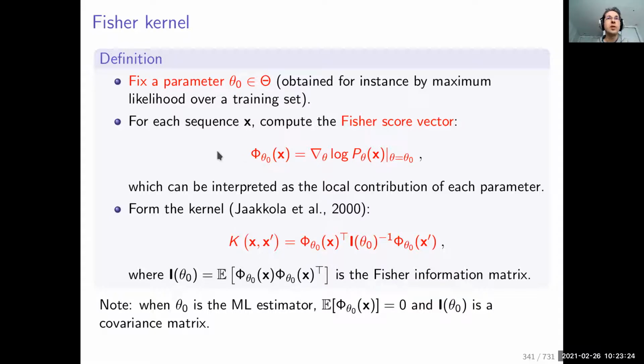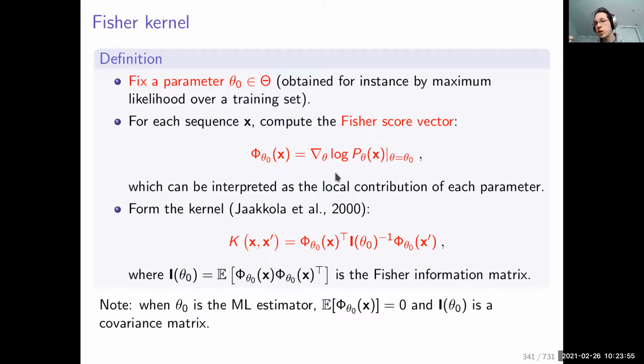So why is this quantity interesting? It's interesting because it encodes the contribution of each parameter to the model. Imagine that one entry of this vector is very small. If this is the case, it means that the corresponding parameter has a small derivative, I mean, the derivative of the log likelihood is small with respect to this parameter.